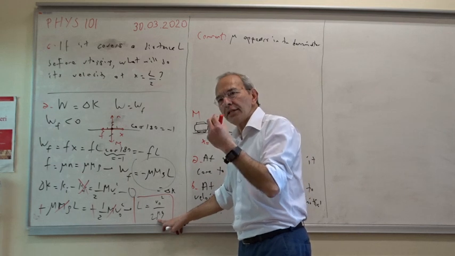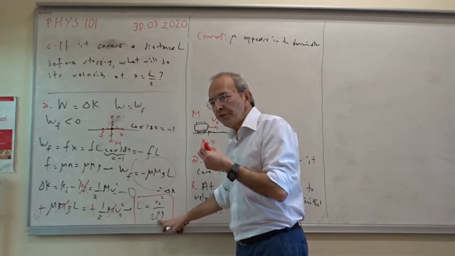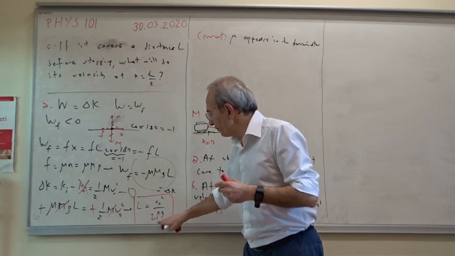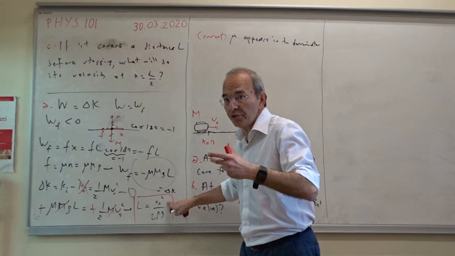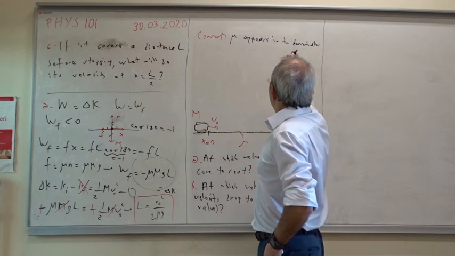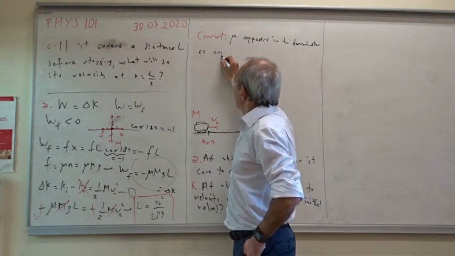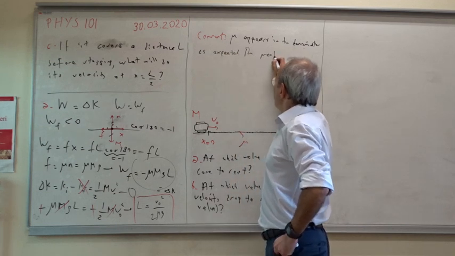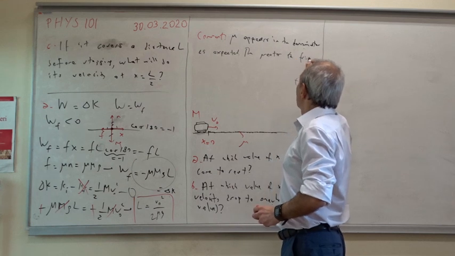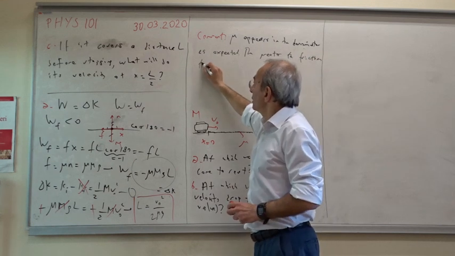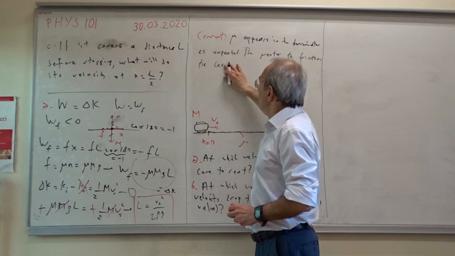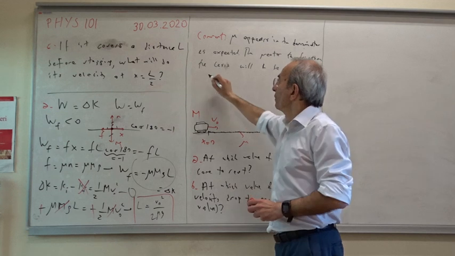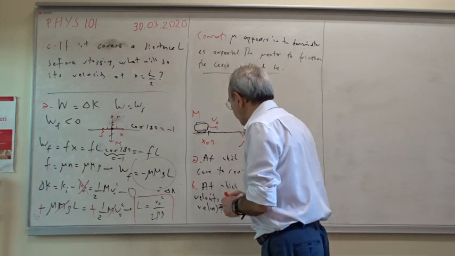As the coefficient of friction gets larger, it will be more difficult for the car to go further and further. So L should be less and less. If mu were in the numerator, it is an obvious mistake. The greater the coefficient, the greater the friction, the less L will be. L is the total distance covered.